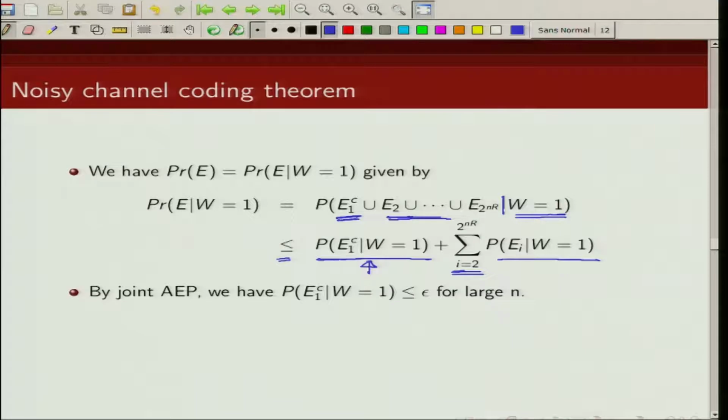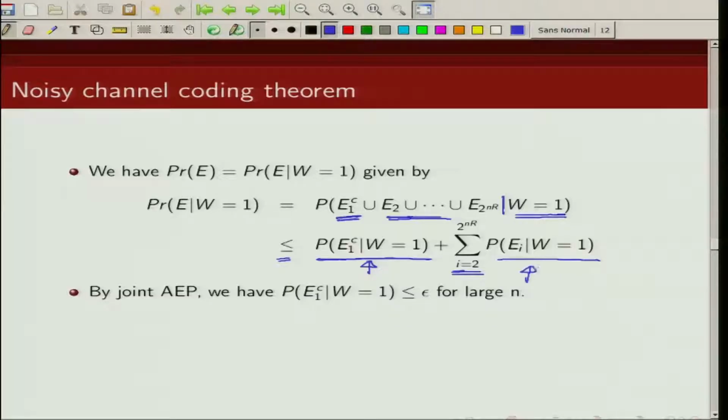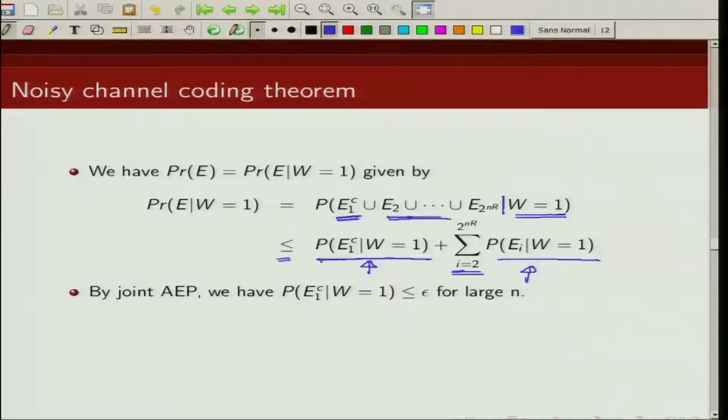So this first term corresponds to the event that x^n(1) and y^n are not jointly typical, and this second term corresponds to the event that any other index, let us say x^n(2), x^n(3), x^n(4), is jointly typical with y^n. So then the error probability is upper bounded by this probability and this probability.